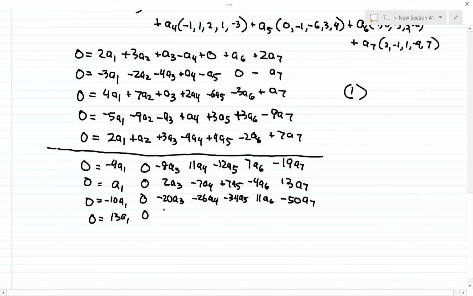Take away 1, 26. 9 times this is minus 36, and minus 35. 9 times this is 36, and 3 more is 39. Nine times this is minus 18, and we're just adding this to this, so that would be minus 15.